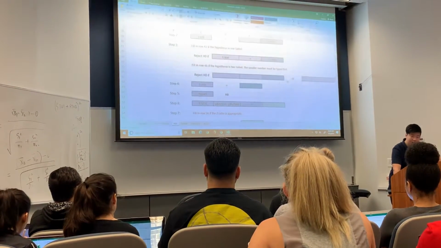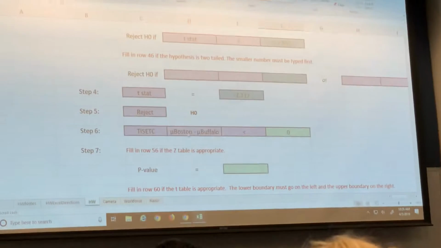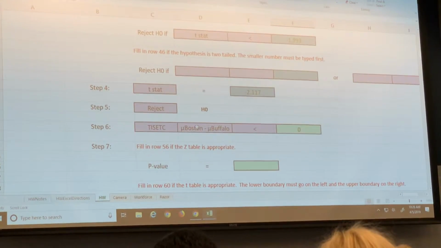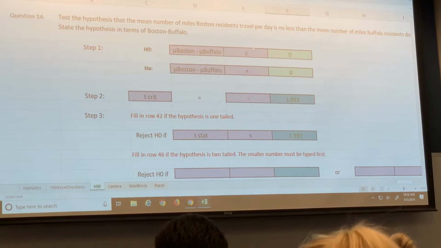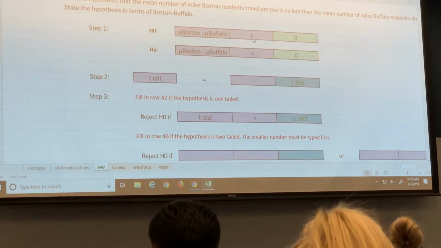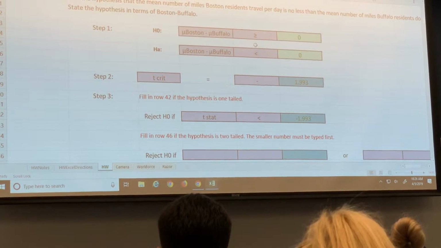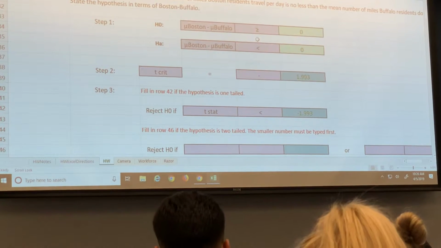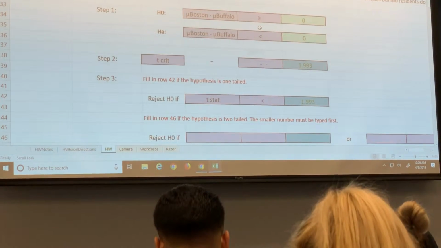By doing this hypothesis test, I can say the population average in Boston is less than the population average in Buffalo. Does it make sense? We're trying to use the samples to predict how these populations go.